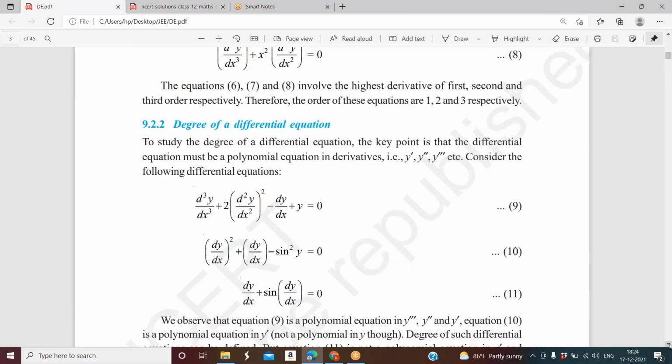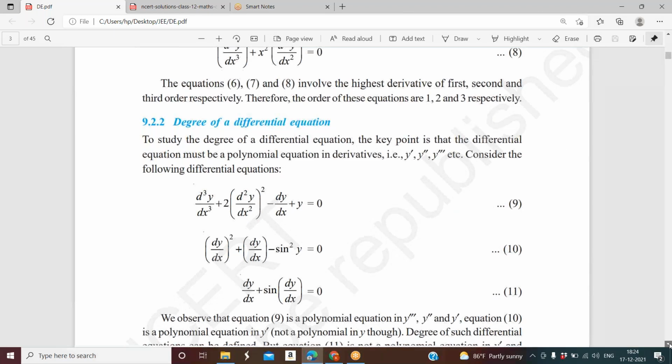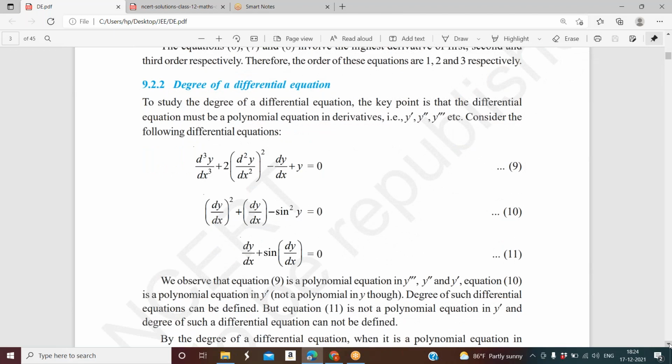Next, we are going to define the degree of a differential equation. To define the degree of a differential equation, the differential equation must be a polynomial equation in derivatives, that is y dash, y double dash, y triple dash, etc. For example, consider the following differential equations.